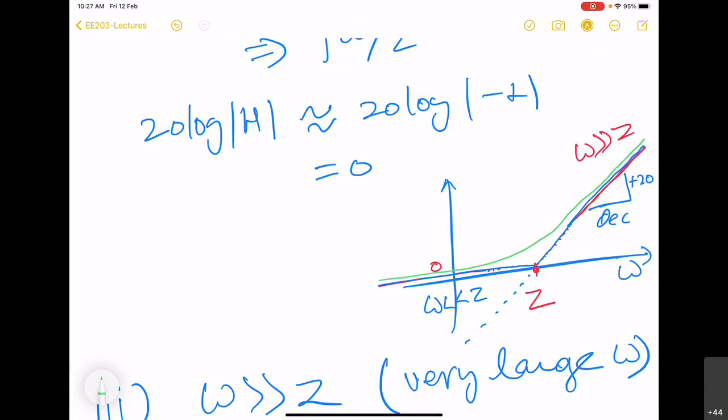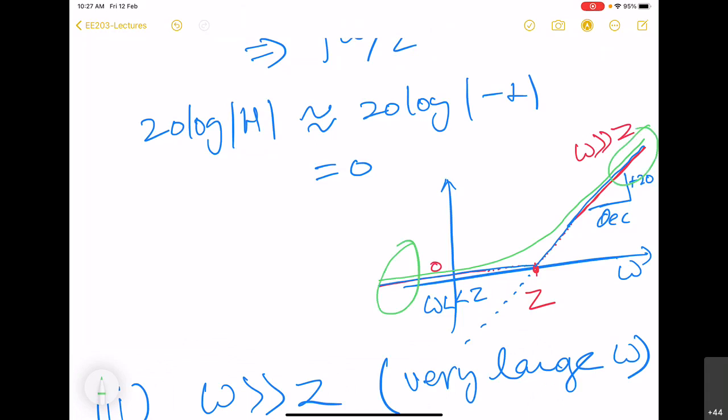So what we see is that the actual curve and approximate curve are exact in the omega much less than Z region, and also exact in the omega much greater than Z region.